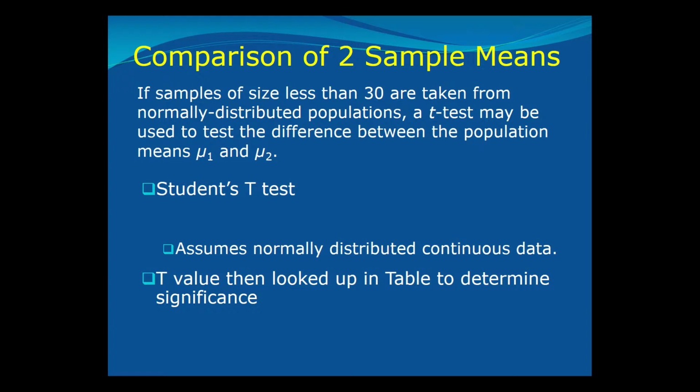If we have a normally distributed population, we should use the method called Student's t-test. It assumes we have normally distributed continuous data.